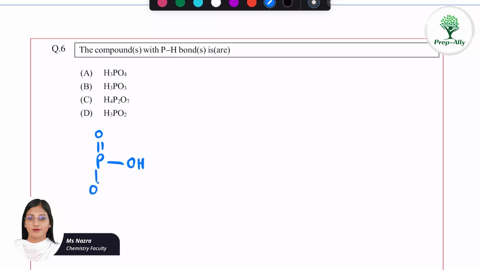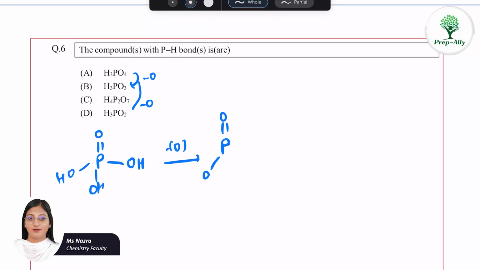Here I will directly write the H3PO4 structure, and we keep reducing one oxygen, minus one oxygen, minus one oxygen. Its structure will become minus O over here. It will give you O, H, OH, OH. This is your H3PO4, phosphoric acid.